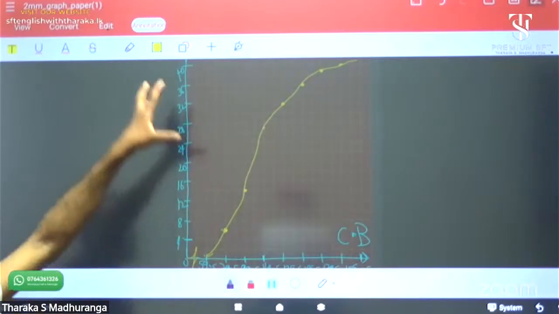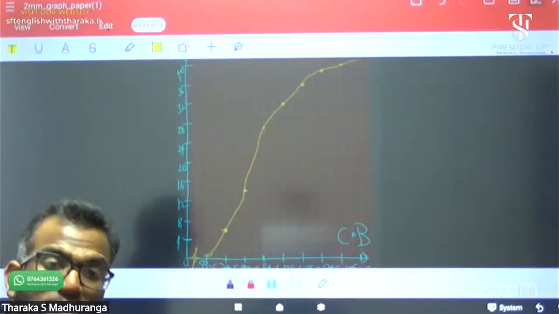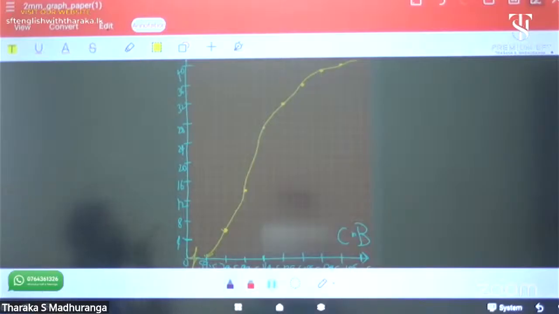Okay, that is a cumulative frequency curve, or less than cumulative frequency curve. Okay, any doubt? Do you have any doubt?